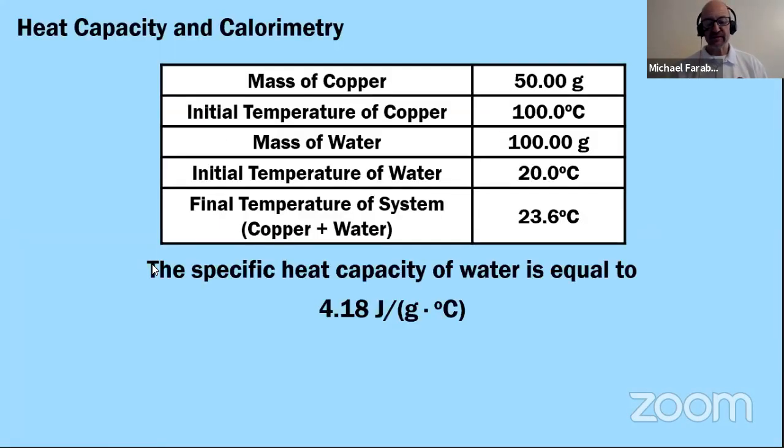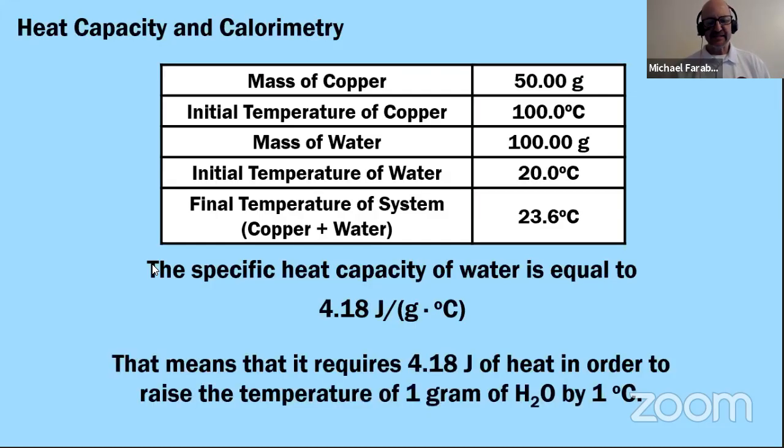So for water, it turns out that the specific heat capacity is 4.18 joules per gram degree Celsius. Sometimes you will see this listed as joules per gram Kelvin. Either one of those is actually fine, Celsius or Kelvin, because the change in temperature either way is the same magnitude. If a thermometer goes up by 10 degrees, it will also go up by 10 kelvins.